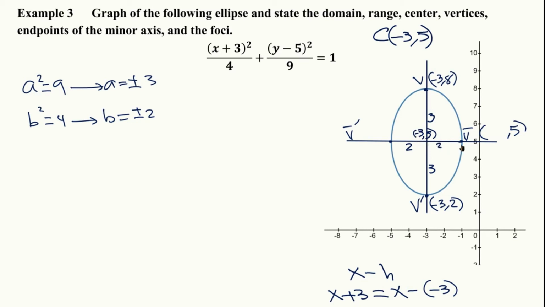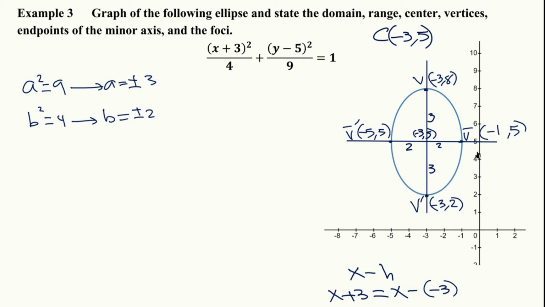So we get -3 plus 2, so it's going to be -1. And for this one, we're going to be at the same y value, but for the x value, we're going to go -3 minus 2. So we get -5. And of course, notice that makes sense in our graph as well.